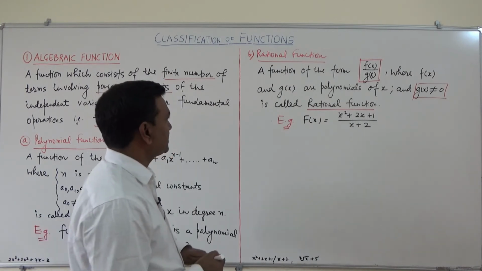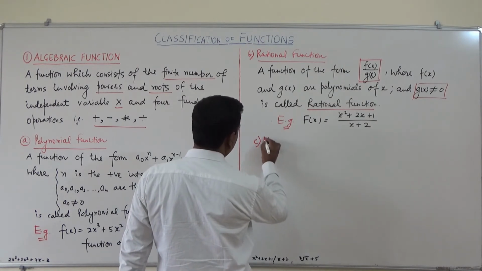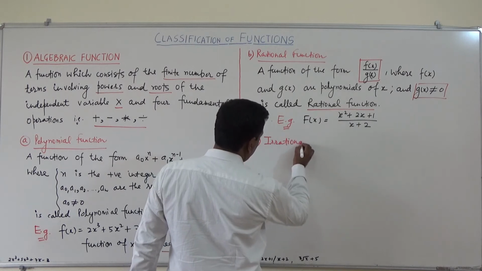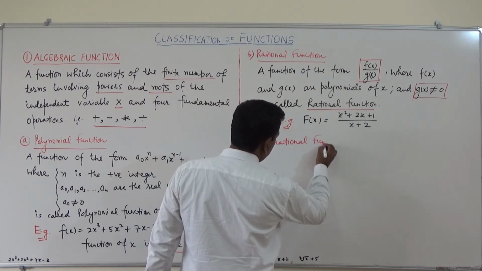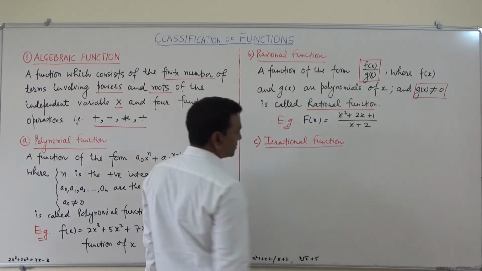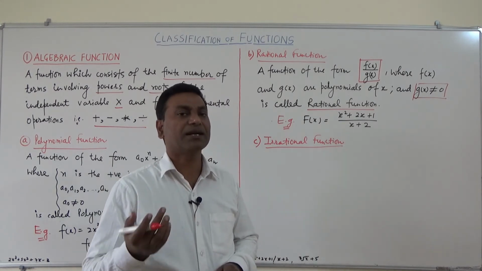Now the third category is irrational function. So these irrational functions are nothing but they are the function which contains radicals.